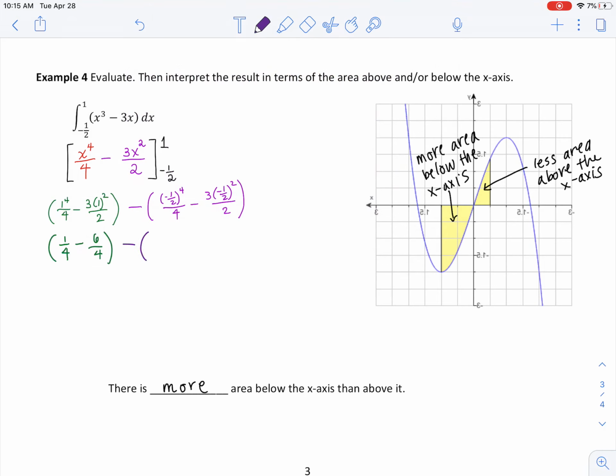All right, let's go to the purple one. Do the inside of the parentheses first. If I raise -1/2 to the fourth power and divide it by 4, I'll do the work over here and then I'll put it there. First of all, if you raise something to an even power, that's going to turn into positive.